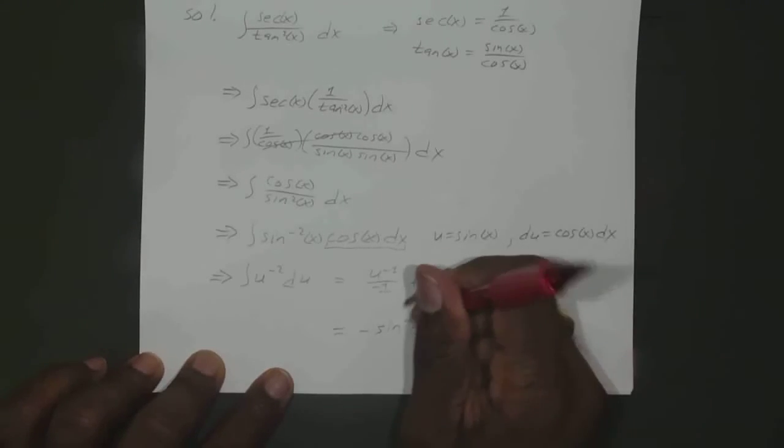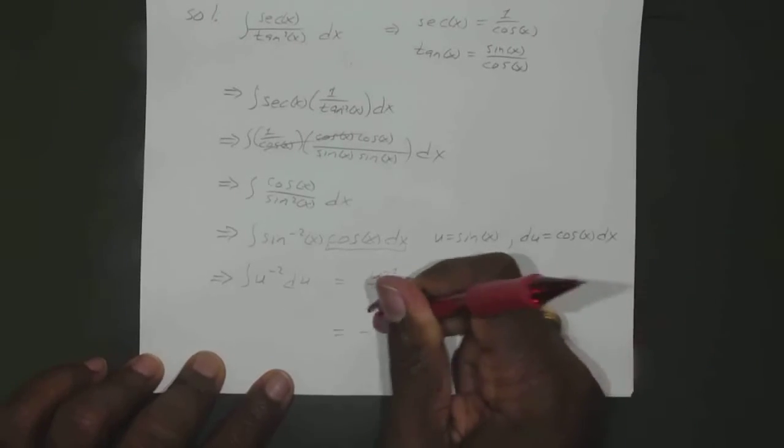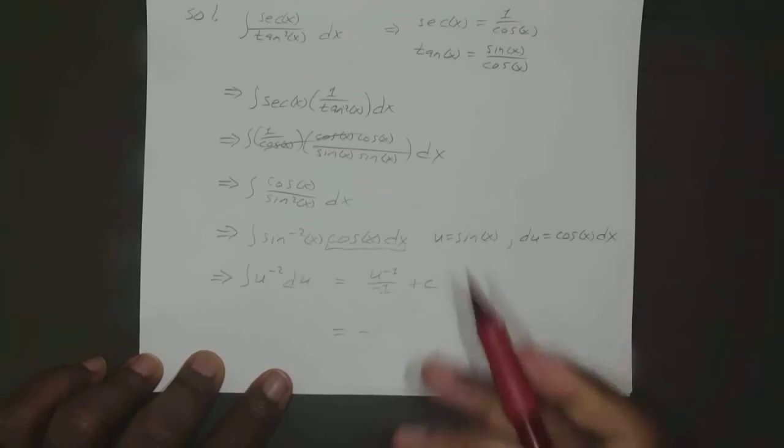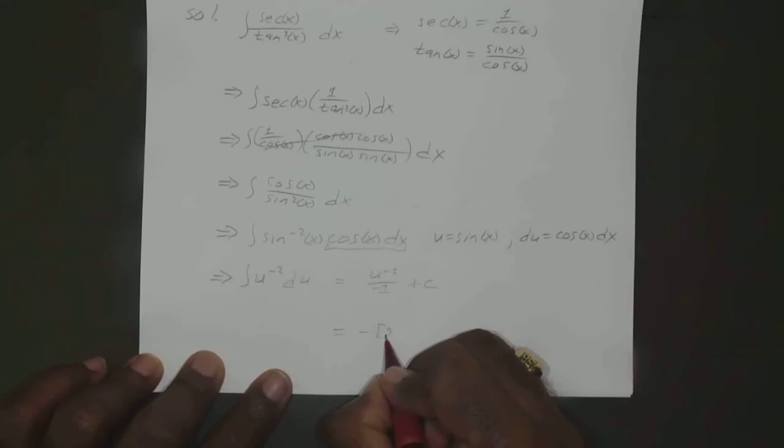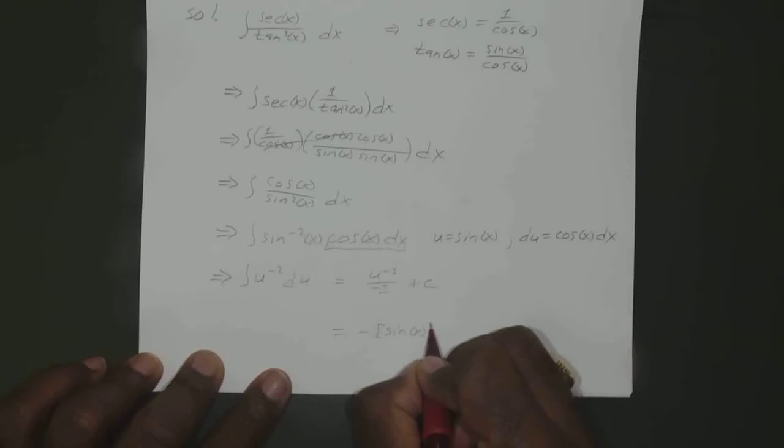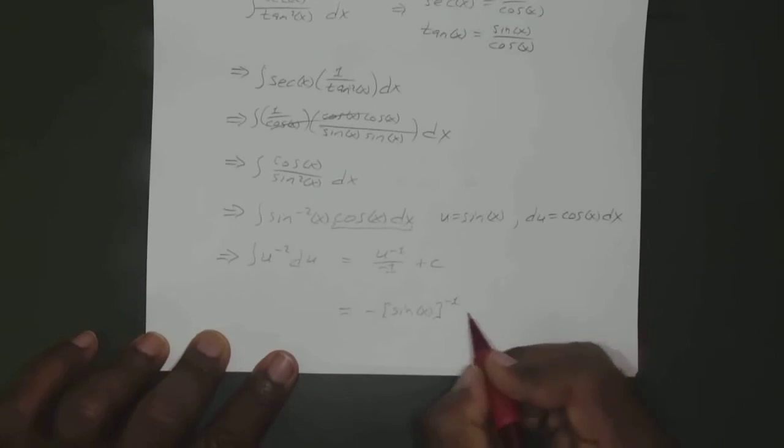Actually, that looks like sine inverse, which is incorrect, so just to make sure there's no confusion, negative sine of x to the negative 1 plus c, which is just negative 1 over sine of x if you wanted to rewrite it that way. Okay, which would be your final answer.